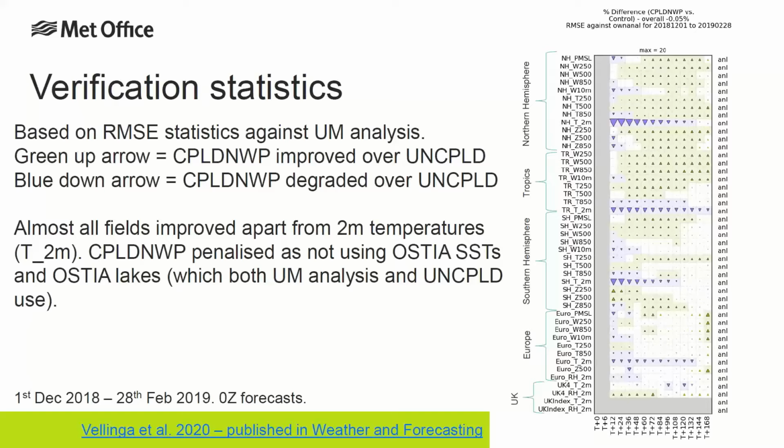That gives an unfair advantage for closely related fields like 2 meter temperatures that are very closely related to sea surface temperatures. This is fixed by comparing to a weakly coupled data analysis system, which I'll come on to later. I should also say before I move on that all the results presented, all the plots in the next few slides, are already published by Berlinger et al. in Weather and Forecasting Journal.